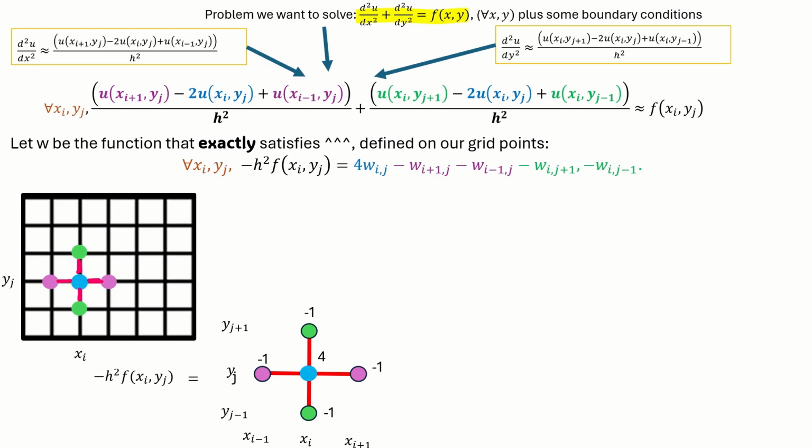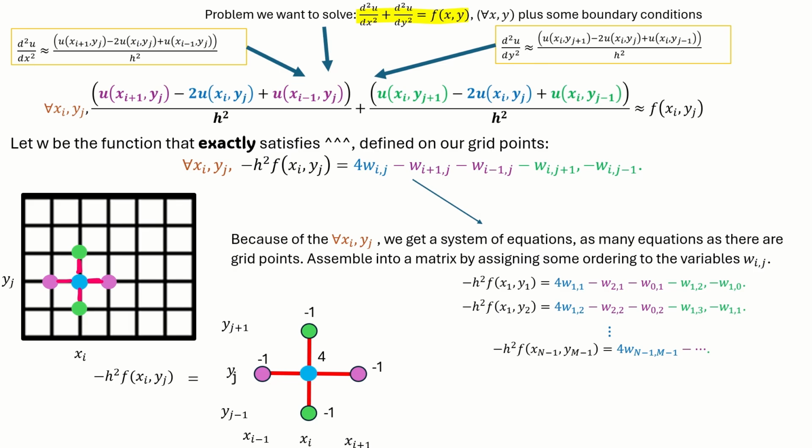Note that w has some error from approximating derivatives as finite differences, and also the function u that solves the PDE is defined in a domain with infinitely many points, whereas the mathematical object w that we're constructing by solving this discrete problem is a function of finitely many points only, the grid points ij.